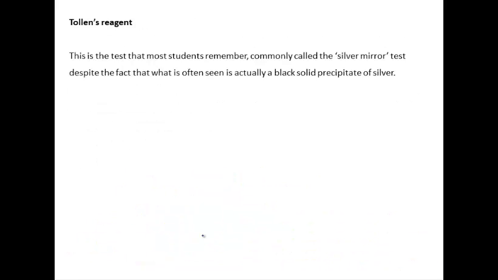Tollens' reagent is the one that most students remember, and it is commonly called the silver mirror test, despite the fact that what is often seen is a black solid precipitate of silver. If we have our aldehyde and we add silver ions to it, then we will oxidize that to the carboxylic acid and precipitate out the silver.